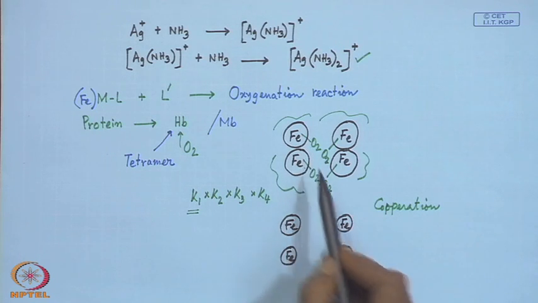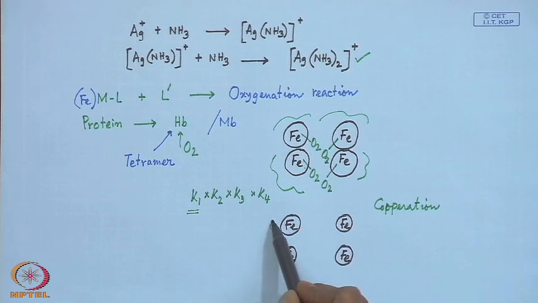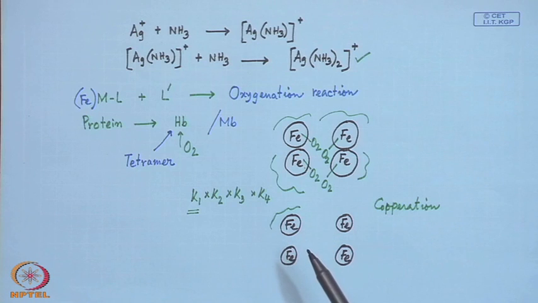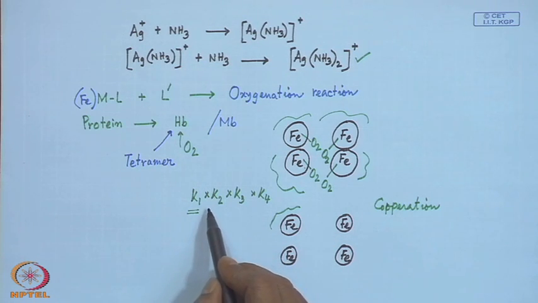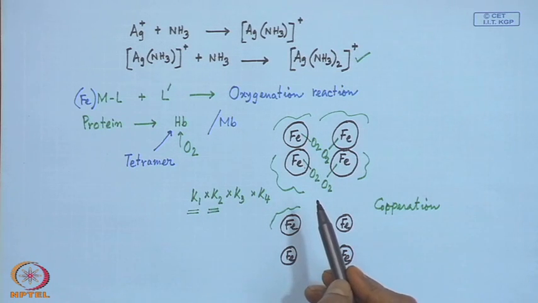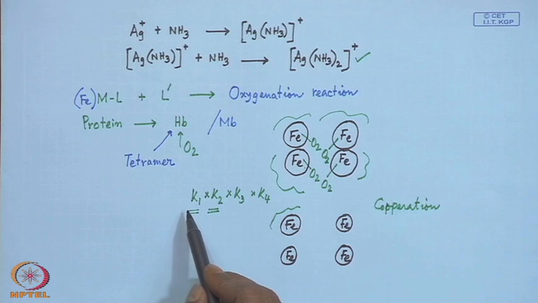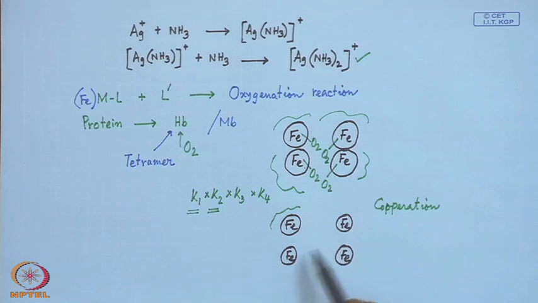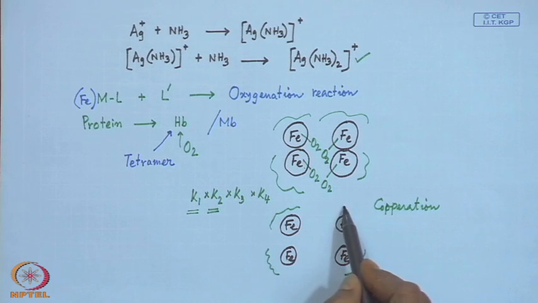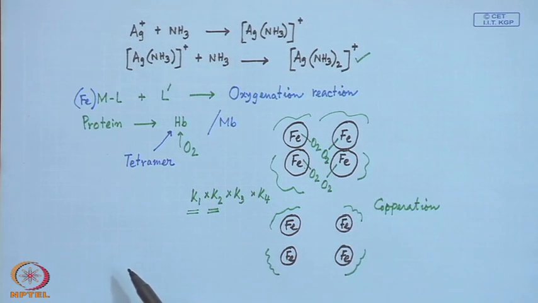When the first center is oxygenated, there will be certain movement in the protein structure which makes the binding of the second O2 molecule feasible, that means the dependence of the K2 value on K1 is seen from this kind of cooperative binding of O2 molecules to the hemoglobin centers.